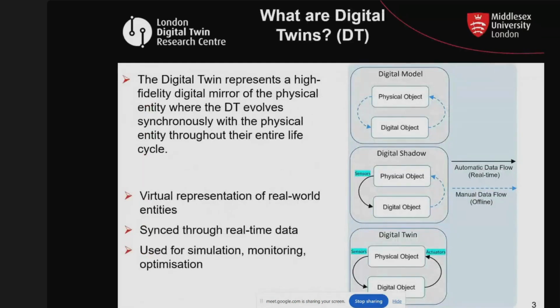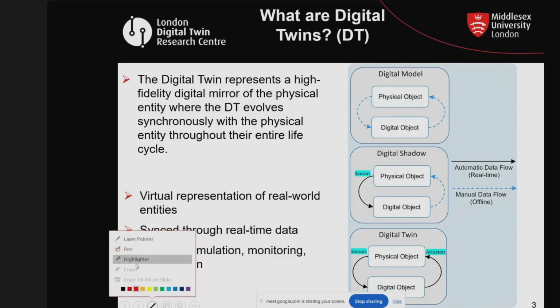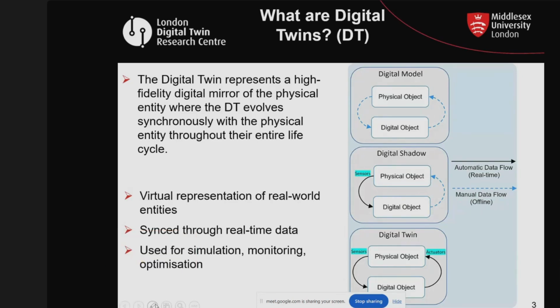Starting off with digital twins, how do we define a digital twin? To give you a very simple example, Internet of Things: we have devices which we use in our day-to-day lives.